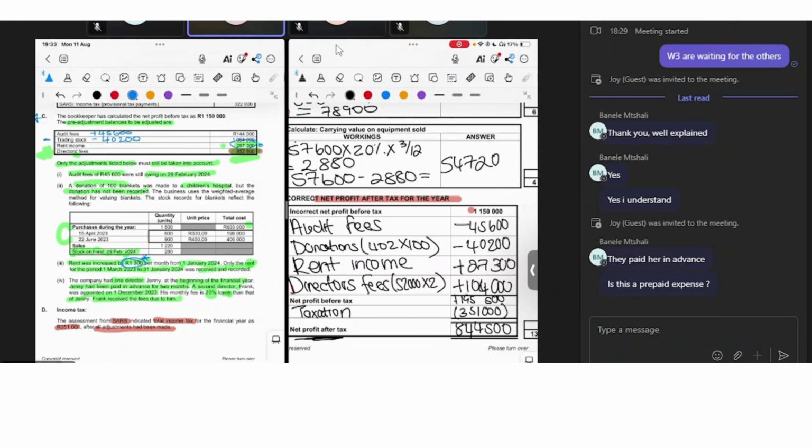What they usually do is they tell us what the percentage for tax is. So it's usually 28%, sometimes they say 30% or 27%. So they would have told us what the percentage of tax is, and we would have taken the net profit before tax, multiplied by that percentage, and that will give us the tax amount. Okay. Thank you. Any other questions?